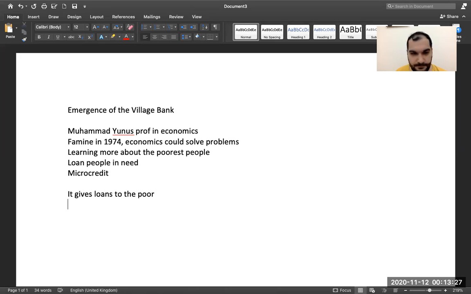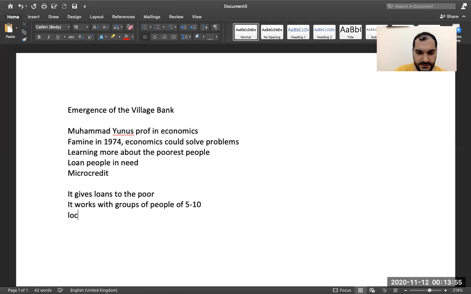And the second difference, it works with groups of people of 5 to 10. And unlike traditional banks, they don't work with individuals or big companies.